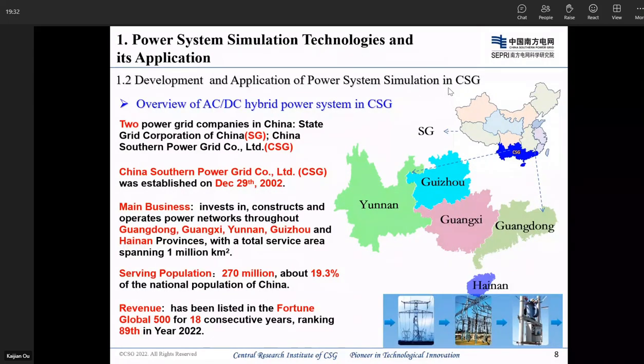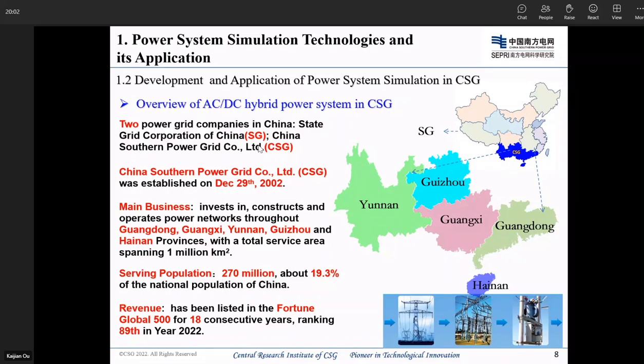To introduce this, first I will repeat the overview of the power system of CSG, because the simulation is for power system operation and testing. My colleagues have also introduced CSG before, so I will repeat it a little bit.